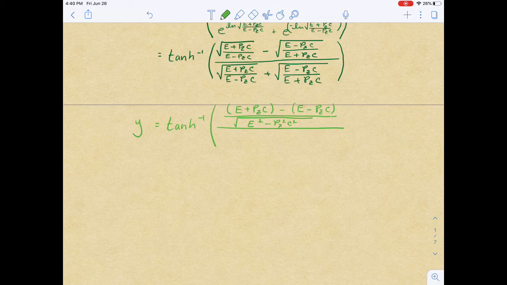Okay, similar thing at the bottom here. E squared minus pz squared c squared, and here we have e plus pzc minus e minus pzc.